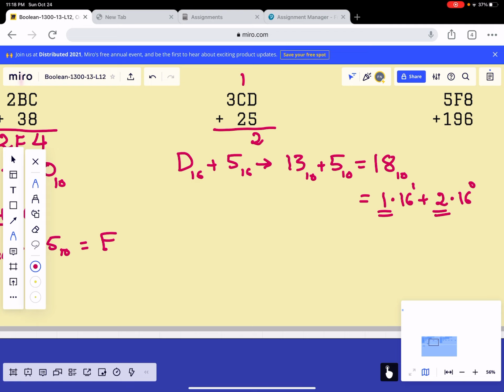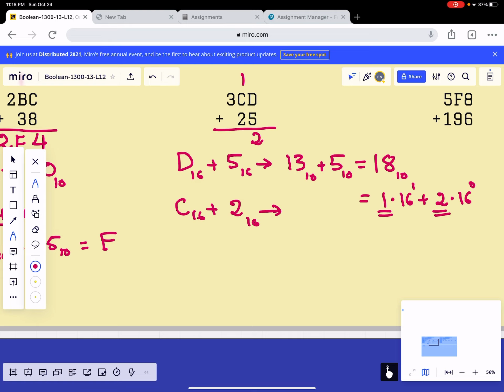And next column I put down C plus 5, C plus 2. Convert back to decimal.